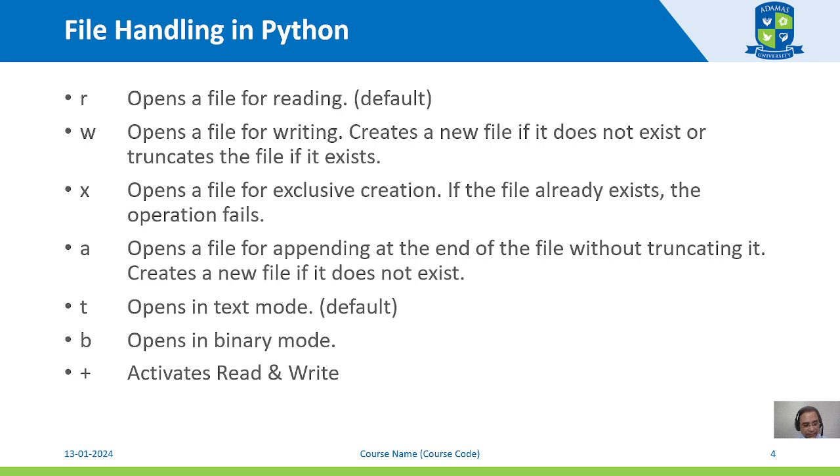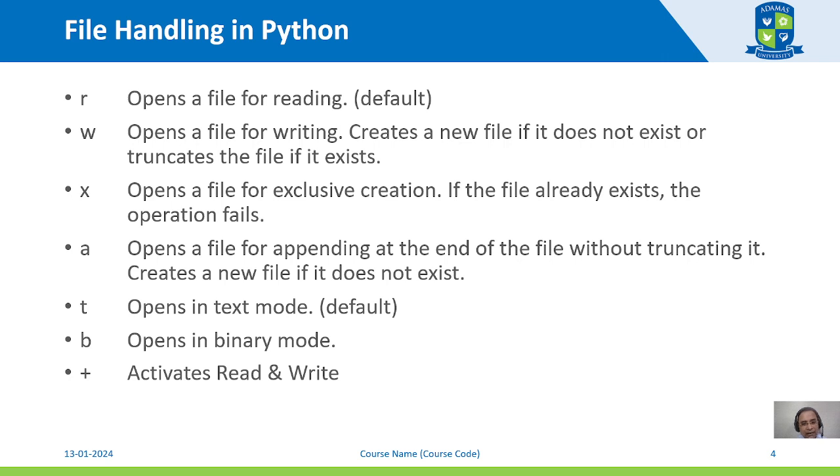If we try to open a file which does not exist, then X mode exclusively creates that file and then opens it. In earlier cases R or W, if the file does not exist, it will give an output that file does not exist. But X will exclusively create that particular file, if it does not exist, then open it.